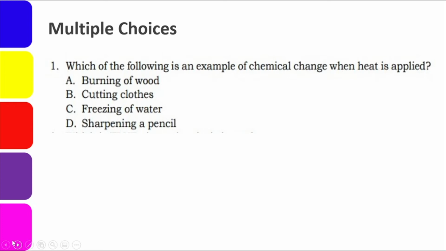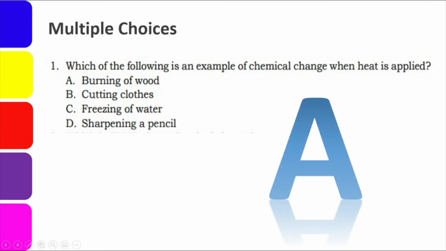C. Freezing of water. D. Sharpening a pencil. 5, 4, 3, 2, 1. The correct answer is letter A, burning of wood because it involves burning and siya lang sa pagpipilian ang pwedeng mangyari kapag merong init na in-apply.